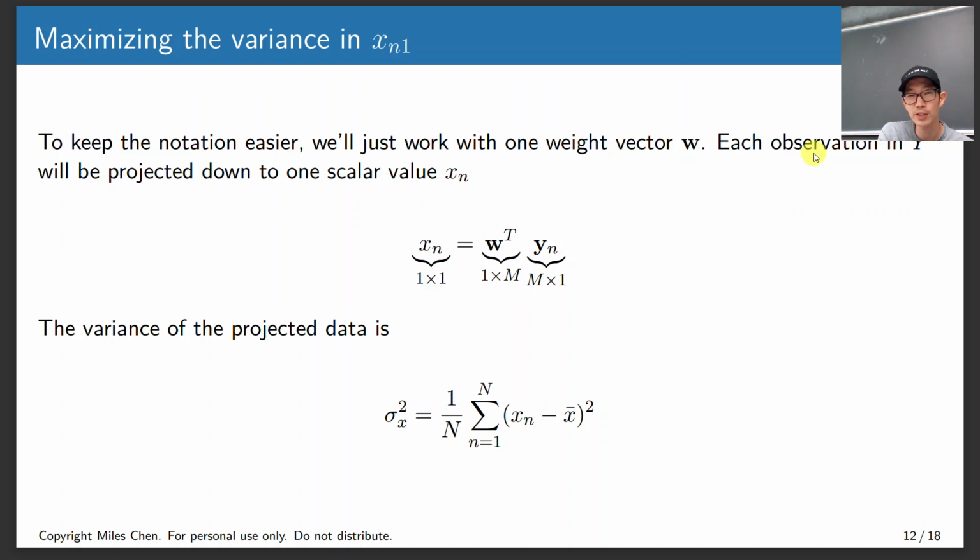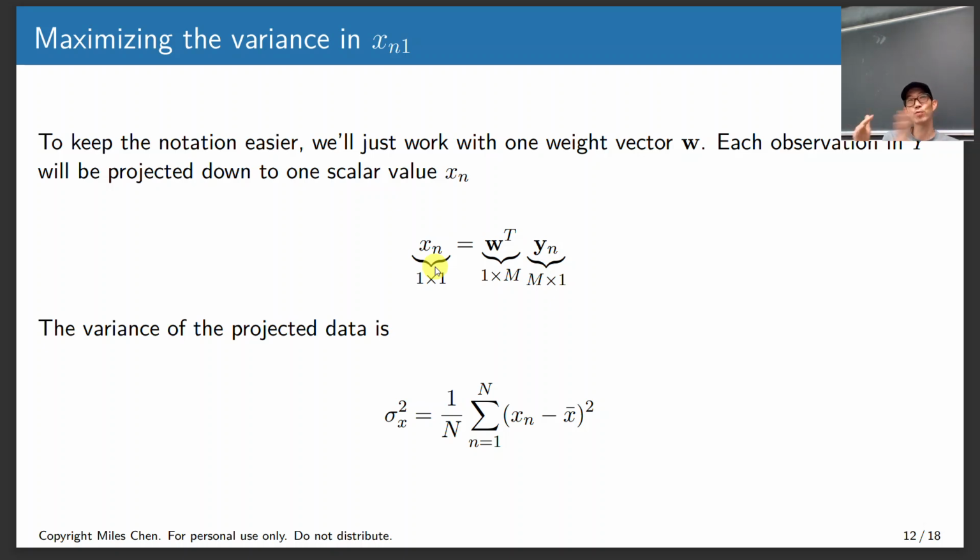All right, so for each observation in y, we're going to multiply one of our weight vectors w times y, and that will reduce it down to a single scalar value. Normally you have multiple of these recipes, one for each component in x, but here we're just going to look at the first component in x, so we'll just have one recipe.